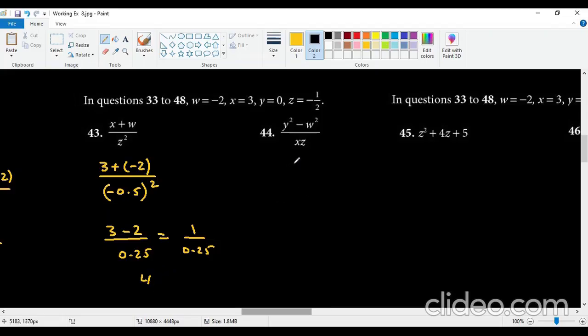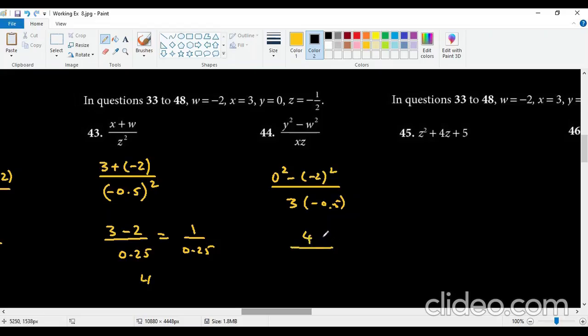Question number 44: y is equal to 0 squared minus w, which is negative 2, squared, divided by x, which is 3, multiplied by z, which is negative 0.5. Now it's going to be a positive 4 on top, since negative 2 squared is positive 4.